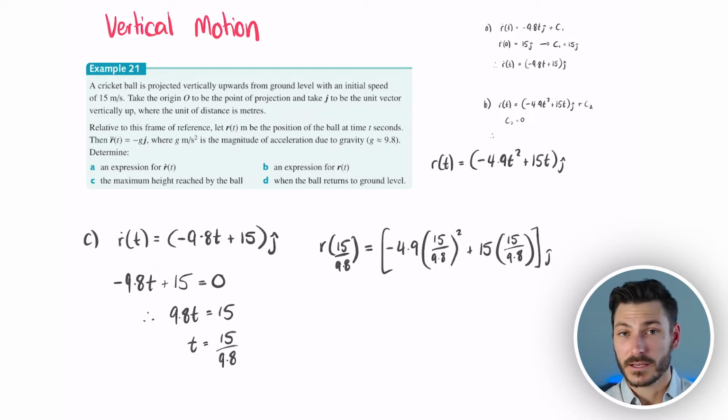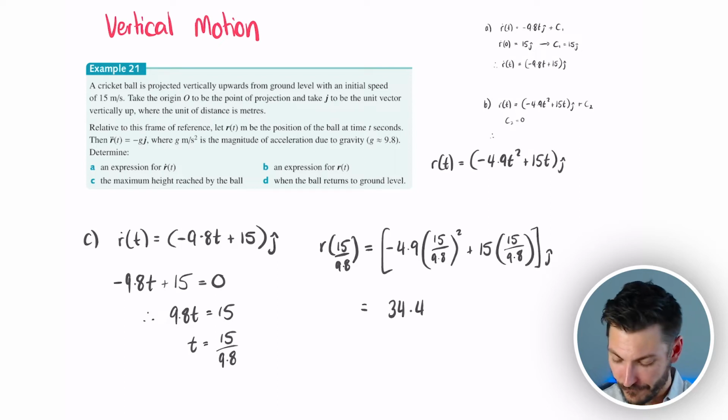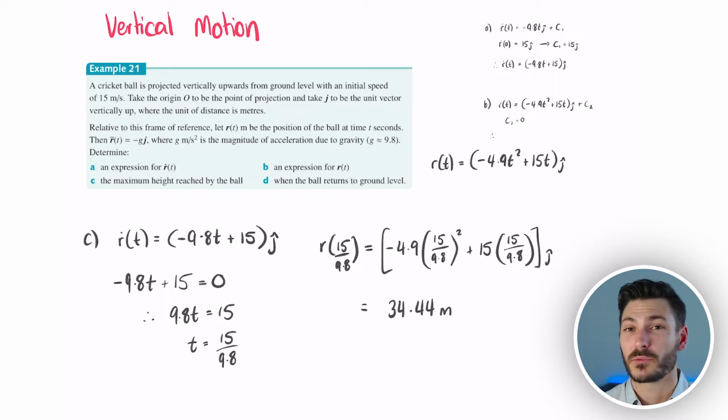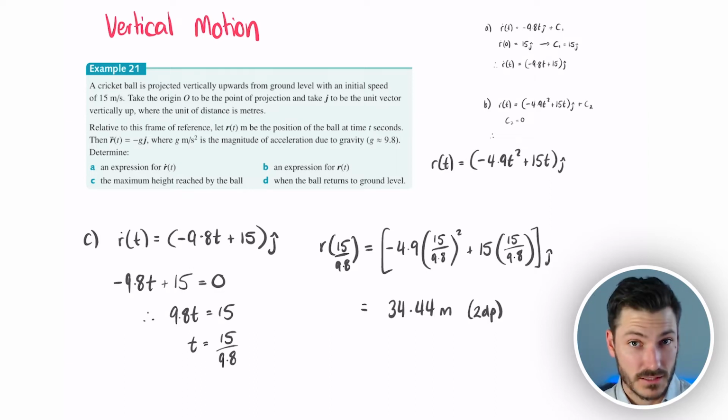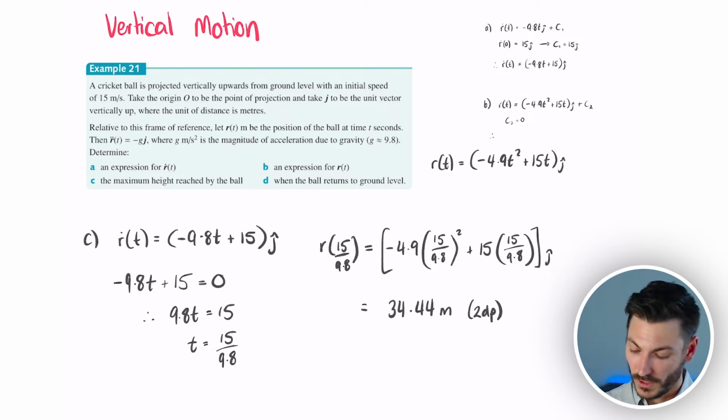And when we use our calculator, we get 34.44 meters. Notice that the initial velocity, by the way, was meters per second. So this is time in seconds. This is height in meters. That's 2 decimal places, so I might even indicate that with 2dp.